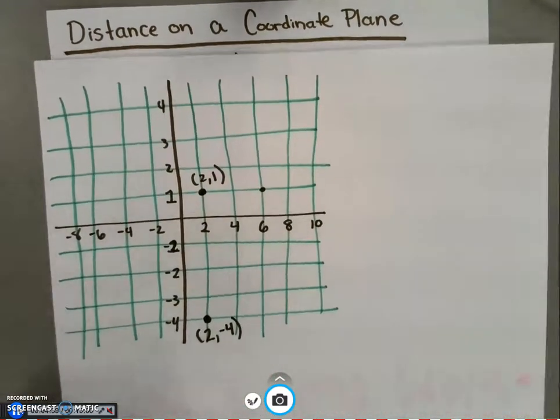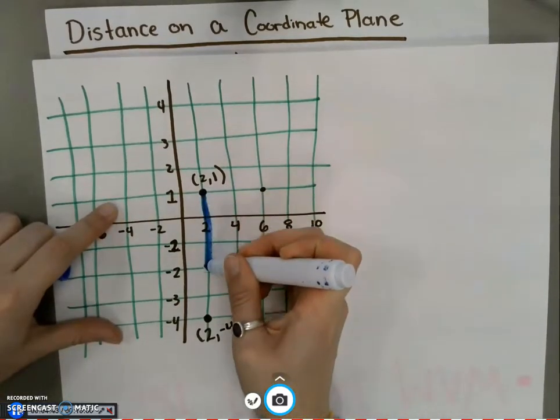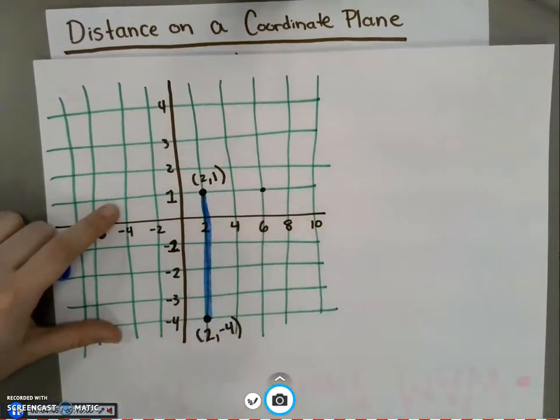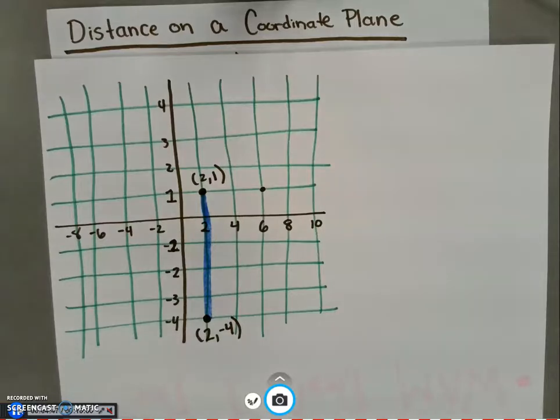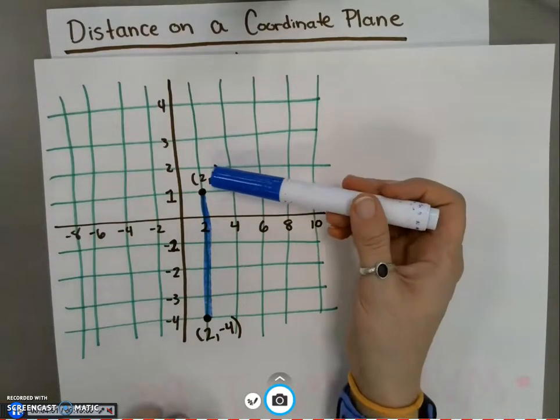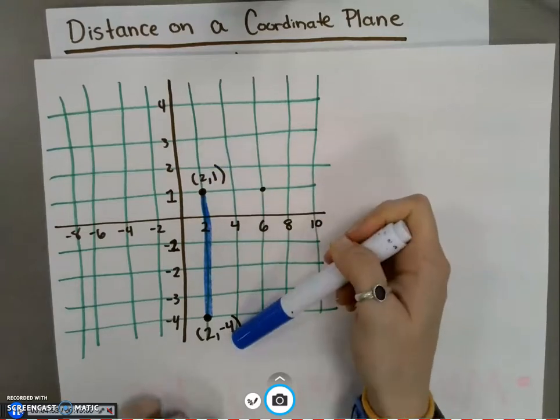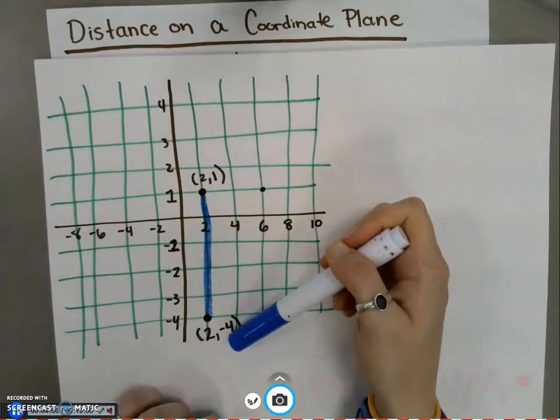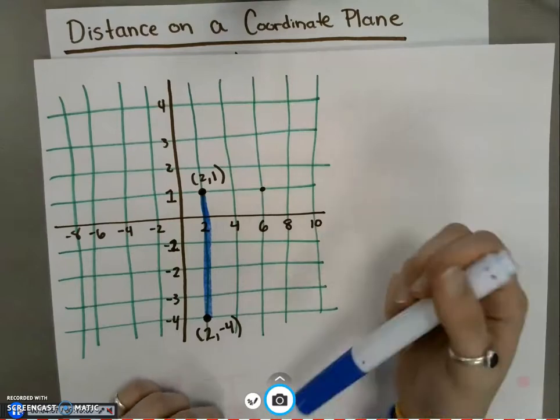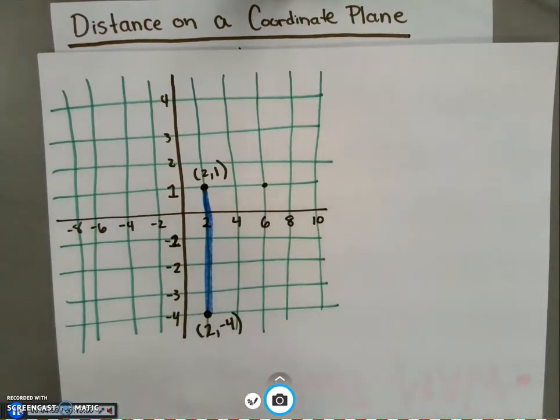This one, I'm looking for the distance of this blue line right here, which does go across my x-axis. It's not the same kind of problem because I cannot just say what's the difference between 1 and -4. I'm going to think about this in terms of absolute value.